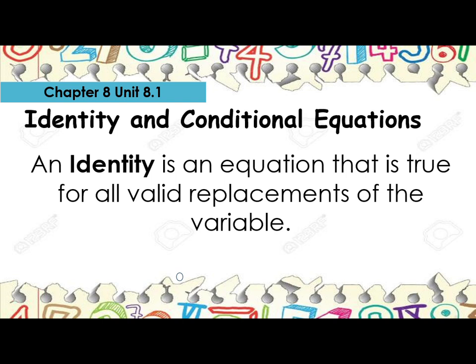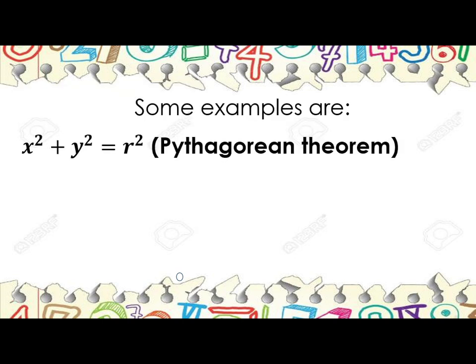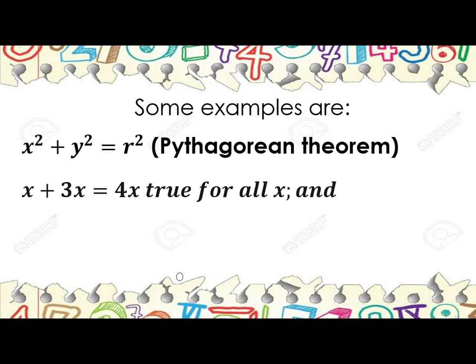For instance, I have here x squared plus y squared equals r squared. We all know that is the Pythagorean theorem, isn't it? And x plus 3x, we all know that is equal to 4x. So x plus 3x equals 4x is true for all x.